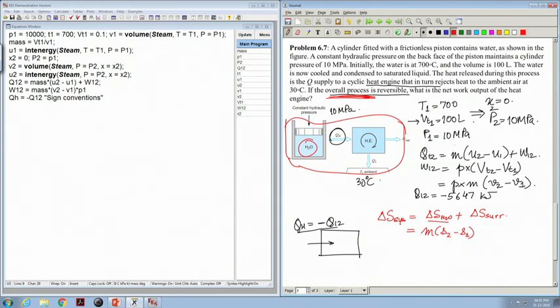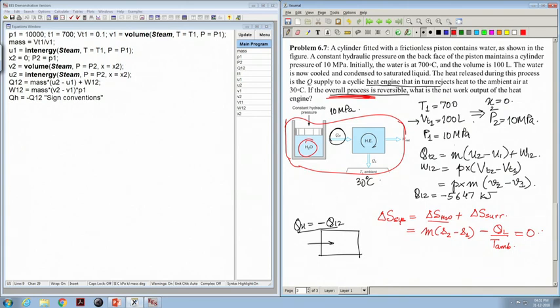And what is the entropy change of the surrounding? It will be equal to minus QL by T ambient in Kelvin, as per the sign convention. So we write here, and this overall is obviously 0.